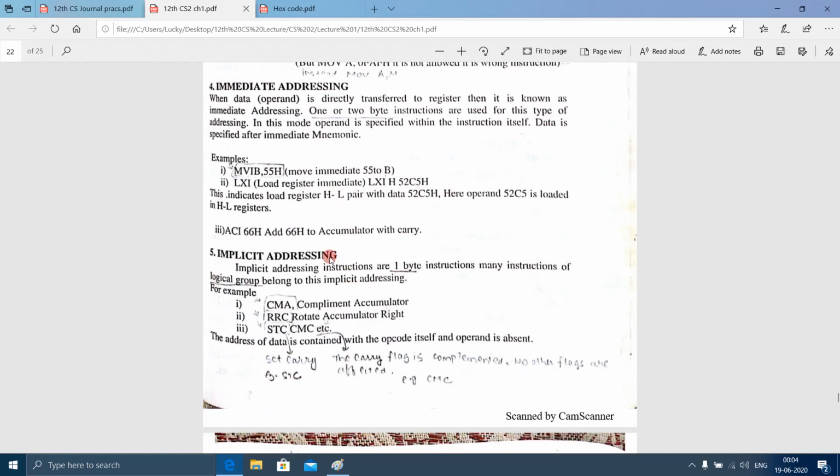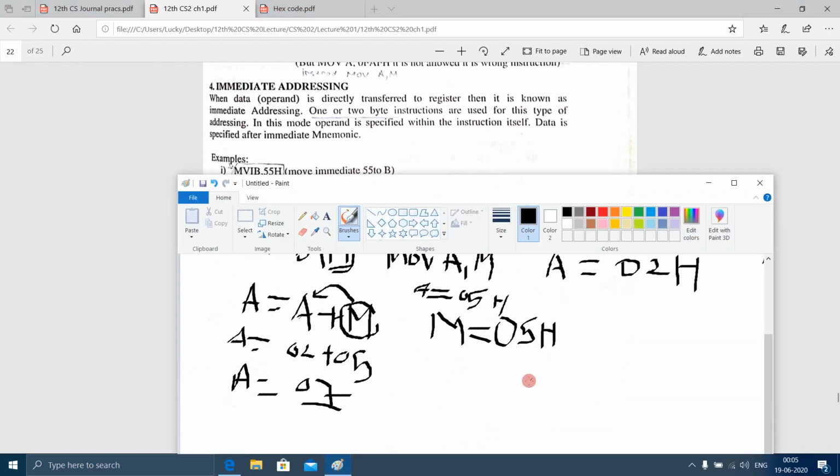Fourth is immediate addressing. I hope you remember data. What is data? Another term for data is operand. As I told you in the example, 2 plus 3: 2 and 3 are the data or operands, and plus is the operator.